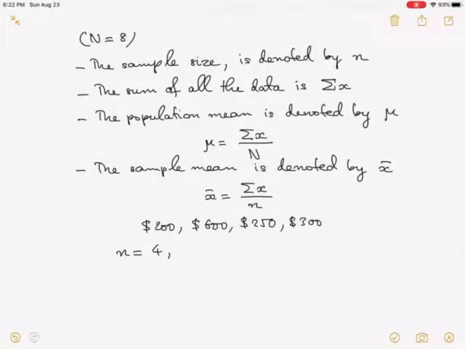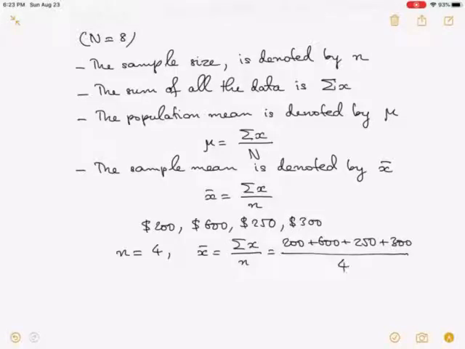And the sample mean x bar will equal the sum of x divided by n. In this case it will be 200 plus 600 plus 250 plus 300 divided by 4, and that is 337.5. Of course, a different sample would give you a different value for the sample mean.